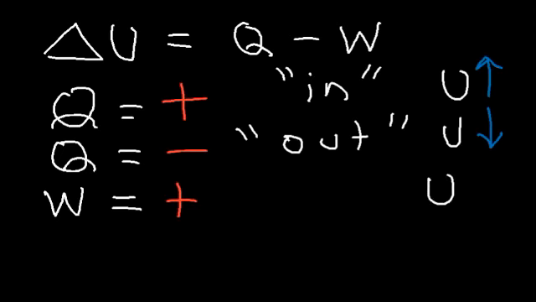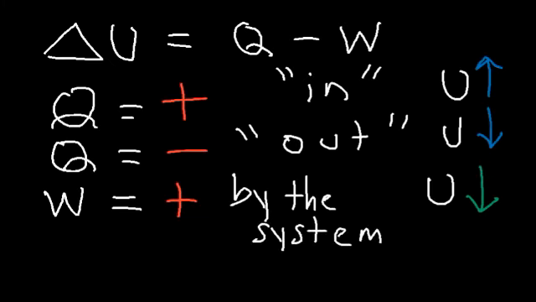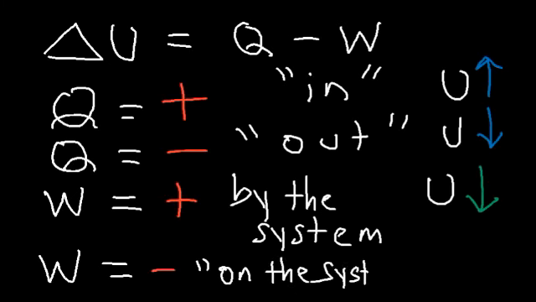So whenever the system does work, its internal energy decreases. So work is done by the system. W is negative if work is done on a system. That is, if the surroundings perform work on a system.